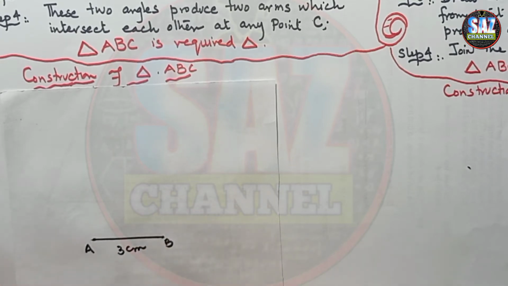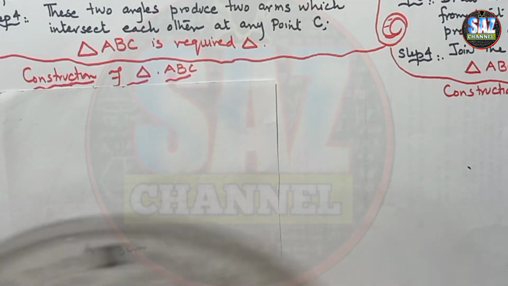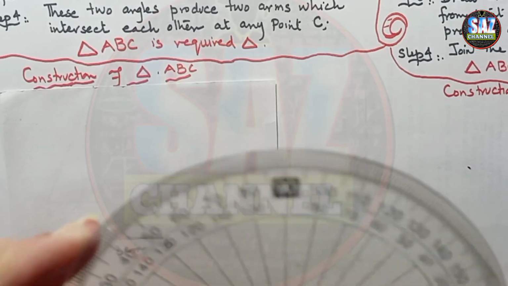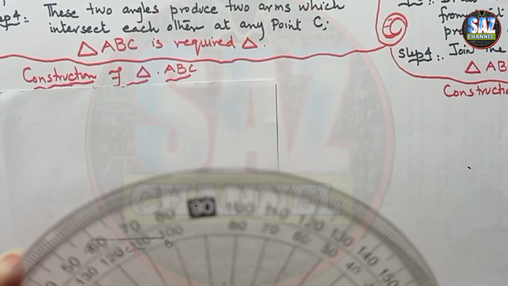Now step 1 is done, and next, on vertex A we have to construct an angle of measure 70 degrees with the help of the protractor. Now I have to hold the protractor. This is the circle, this is the midpoint of all these measurements, and this line is called the 0 line.